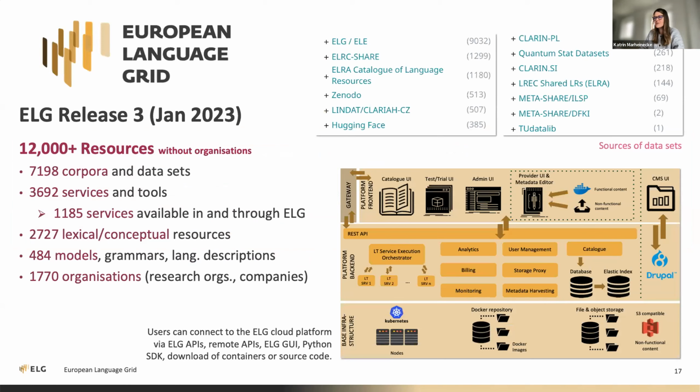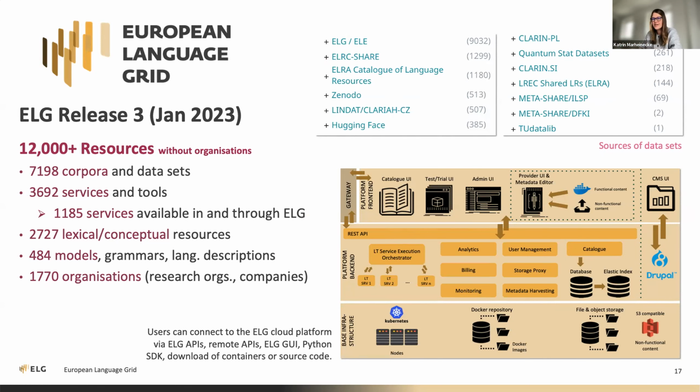So what do we have at the moment? You can see that in a minute or later in the second half of the workshop. We have more than 12,000 resources now listed in ELG, and this is without the listing of the organizations. It's more than 7,000 corpora and data sets, almost 2,000 services and tools, and of these almost 1,200 are available directly in ELG, meaning not just linking to them, but they run through ELG.